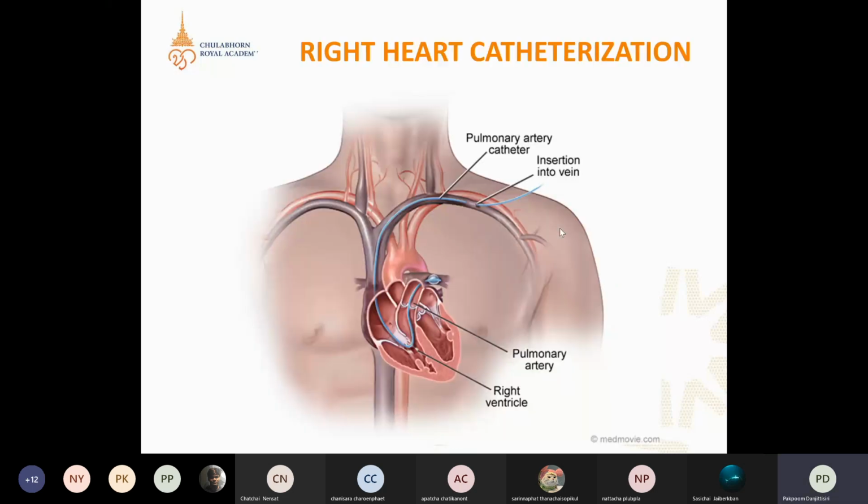The doctor is going to use a special catheter, inserted through the femoral vein to approach the right side of the heart, to the right atrium, and then the doctor can advance that catheter from the right atrium into the right ventricle and then into the pulmonary artery.